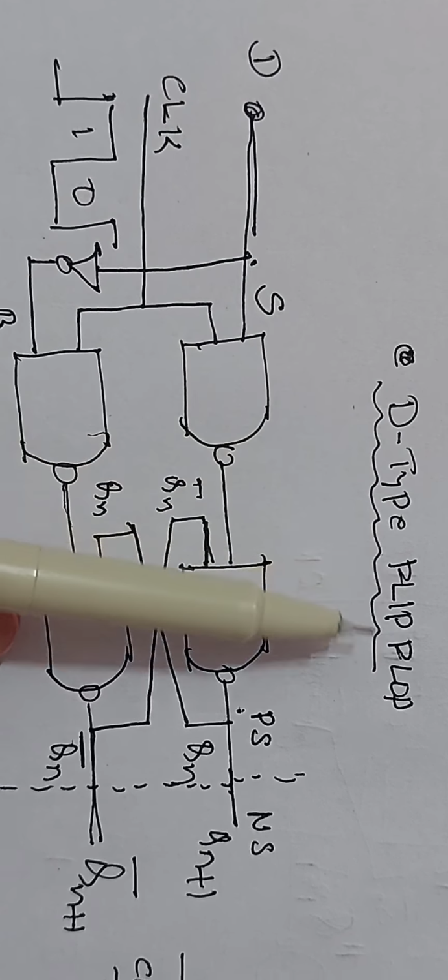Two inputs are 1 and Qn bar. Therefore the output of this NAND gate, that is Qn plus 1, is equal to the product of the two inputs, 1 into Qn bar, whole bar, which is equal to Qn bar bar, which is equal to Qn.